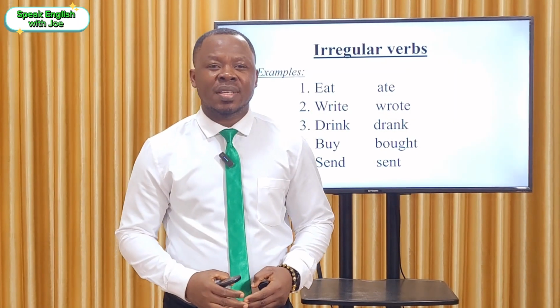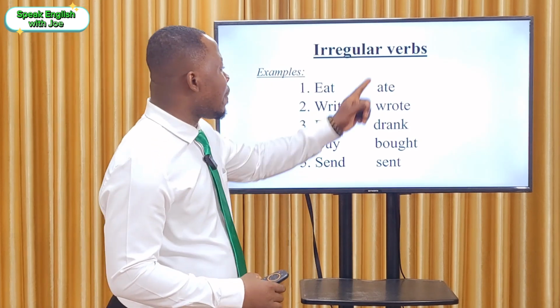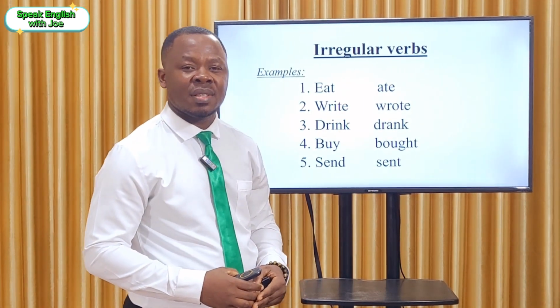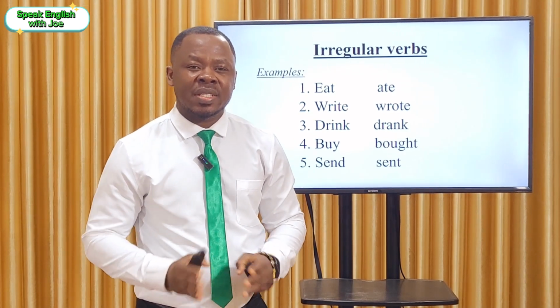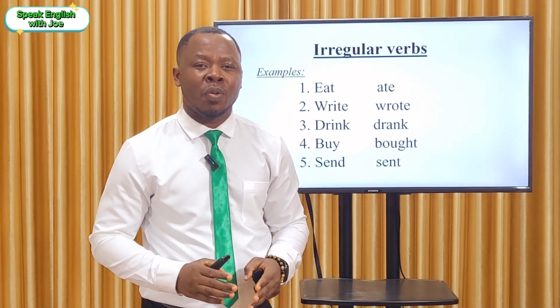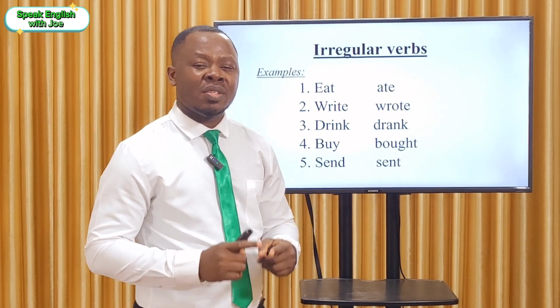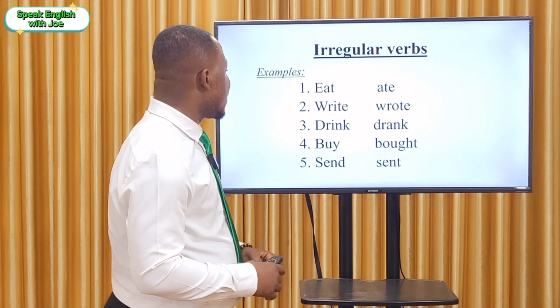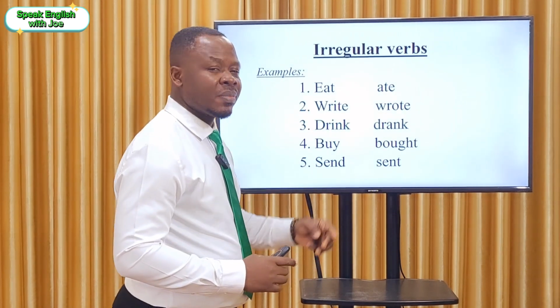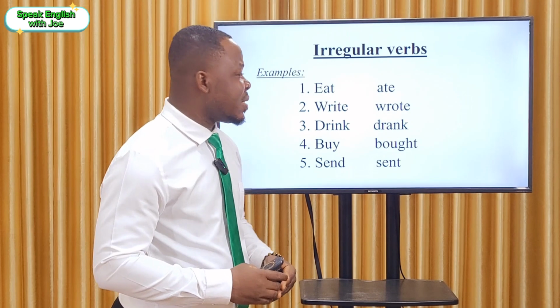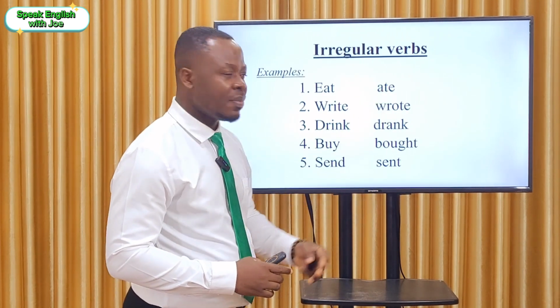Now, let's look at irregular verbs in the past simple tense. With irregular verbs, the past simple tense changes from the base form of the verb. Now, let's look at some examples. Number 1, we have the base form of a verb, eat, which in the past simple tense changes to ate.